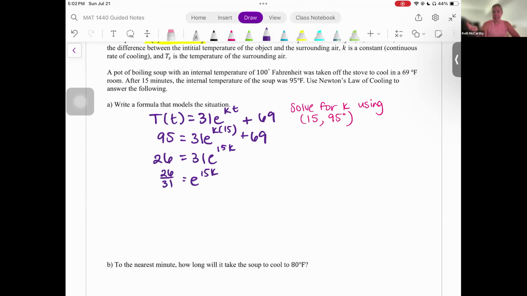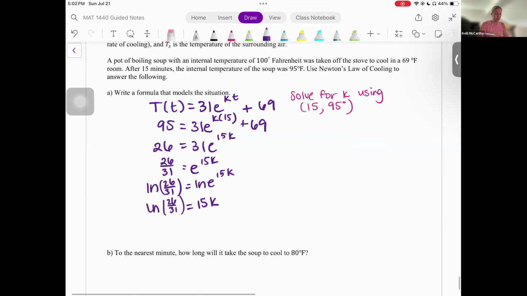The next step, to isolate that exponent, we want to take the natural log of both sides. So the natural log of 26 over 31 is equal to the natural log of e to the 15k. And that inverse property tells me that the natural log of e to the 15k is just 15k. So the natural log of 26 over 31 equals 15k.